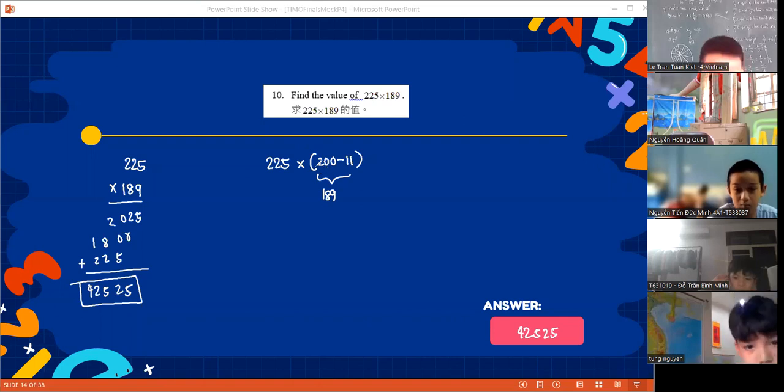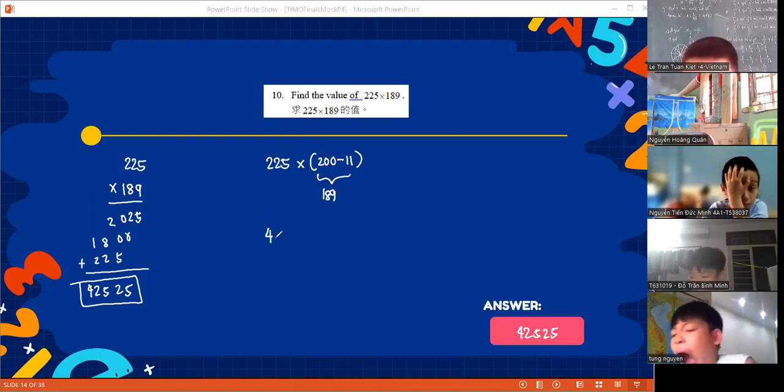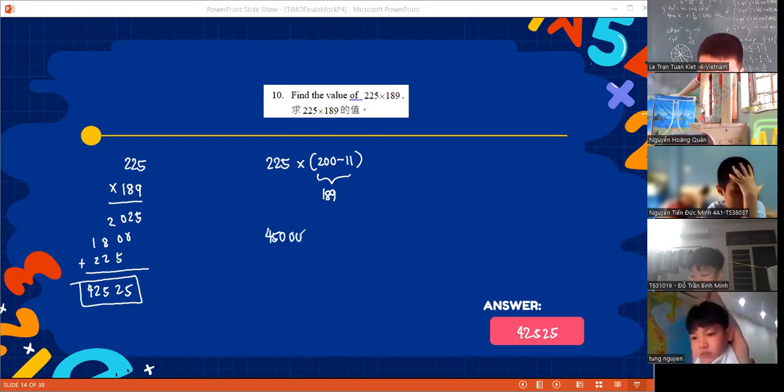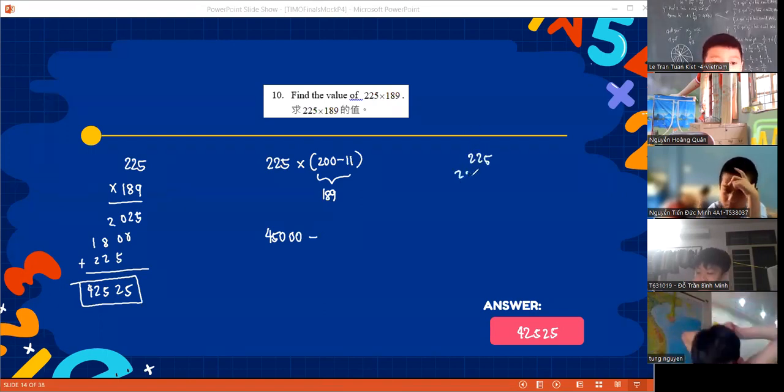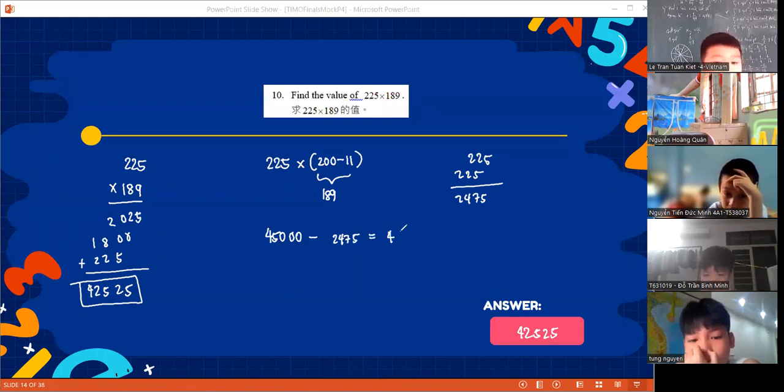It's very easy to multiply 225 by 200, and very easy to multiply 225 by 11. So your 225 times 200, we'll just multiply 225 by 2, you'll get 450, and then add two zeros. And then 225 times 11 is still very easy, because it will become 225, then 225, so you'll get 2475. So just subtract 2475, and the answer you will get would still be 42,525.